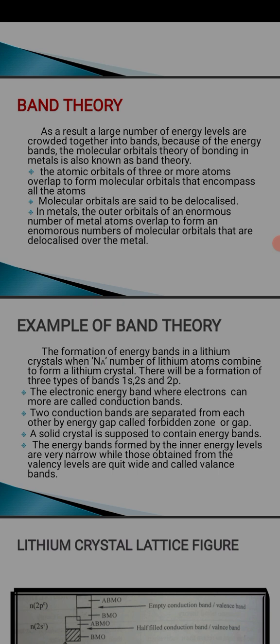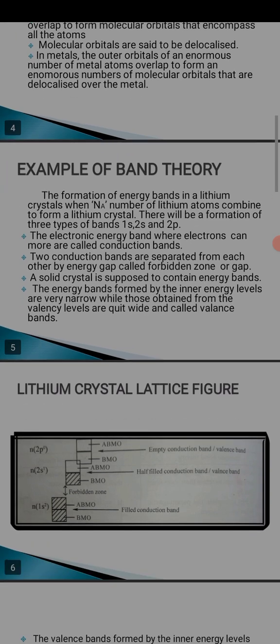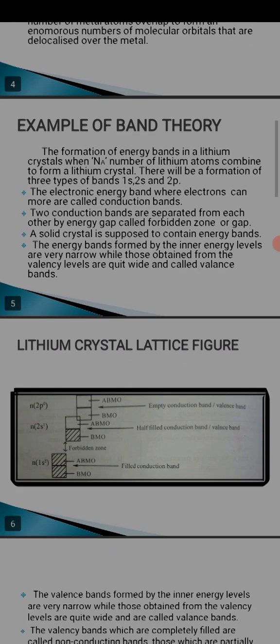A solid crystal is supposed to contain energy bands. The energy bands formed by the inner energy levels are very narrow, while those obtained from the valency levels are quite wide and called valency bands. This is the lithium crystal lattice figure.